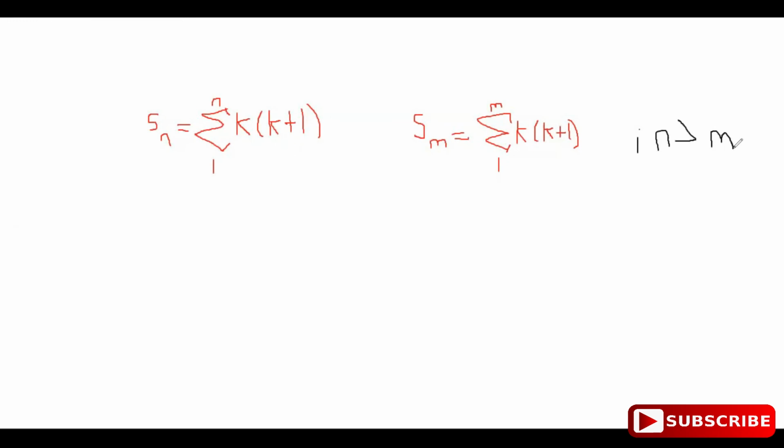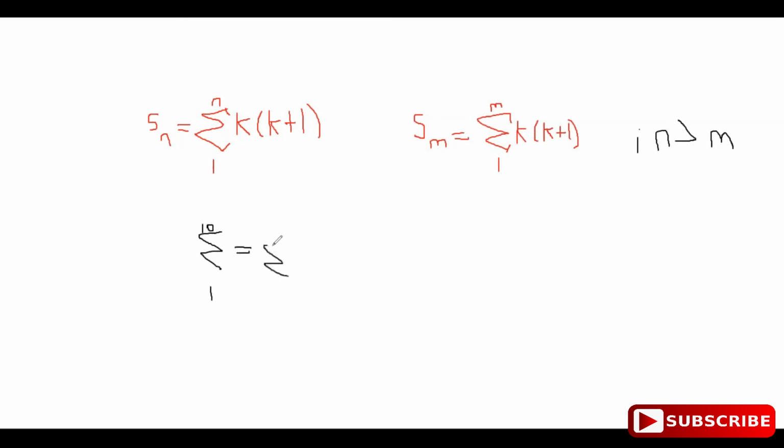M is less than n. So as I was saying, n is greater than m. Now look at this. Before we even do the question, just to refresh our mind of a key principle: the sum from 1 to 10, you're adding 10 numbers.